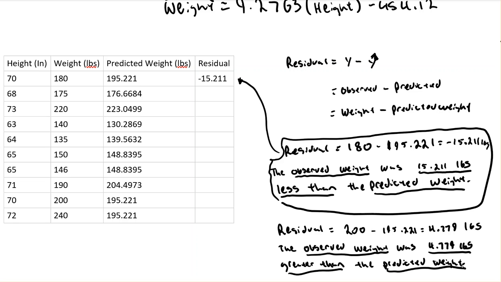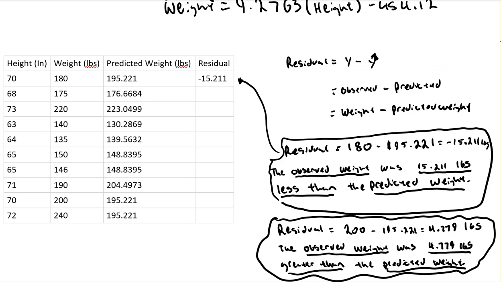So I can still get a nice interpretation of it, just like before, but my greater than, less than changes. And this is for my other individual in my data set here who was 70 inches tall. So I can enter them in with a residual of 4.779.